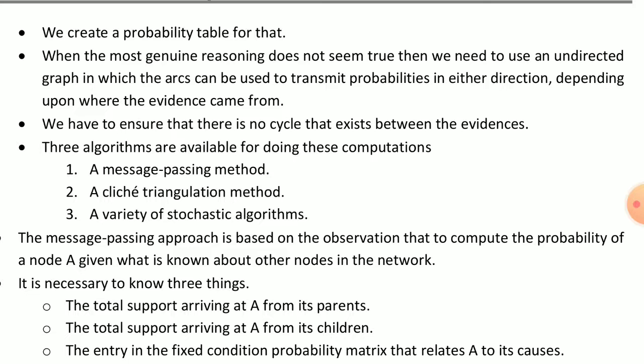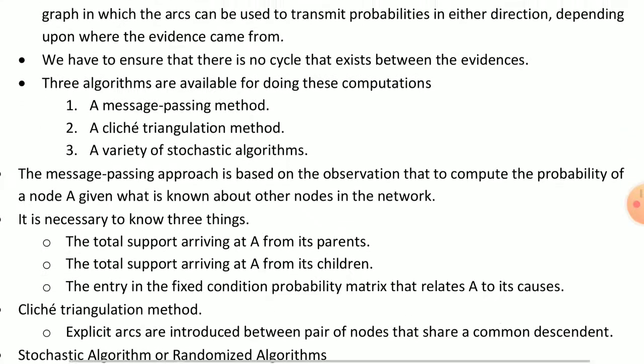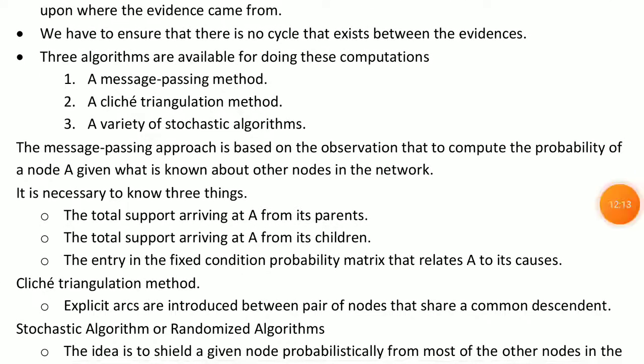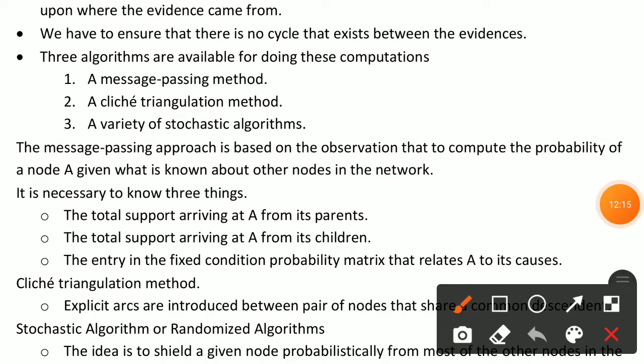And when we can get the result, we can stop the process. Now three algorithms are available for doing these computations, okay. We can use these three different algorithms. First is the message passing method, second is Clyde's triangulation method, and third is a variety of stochastic algorithm, okay.